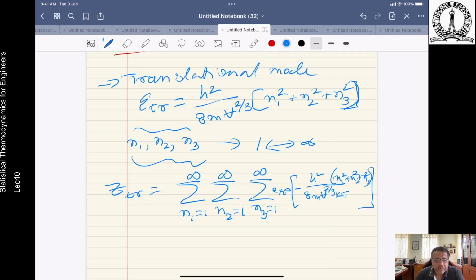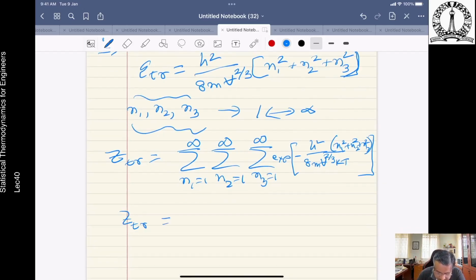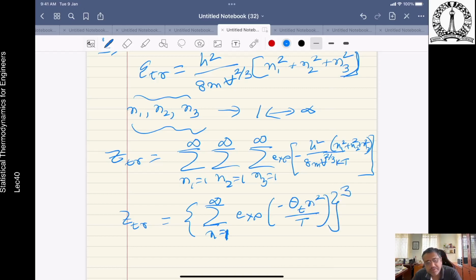Okay, so the generalized expression for the partition function for the translational mode is given as a sum over n equal to 1 to infinity of the exponential of minus theta translational n squared by T, where theta translational is written as h squared divided by 8 m k V to the power of two thirds, V being the volume.